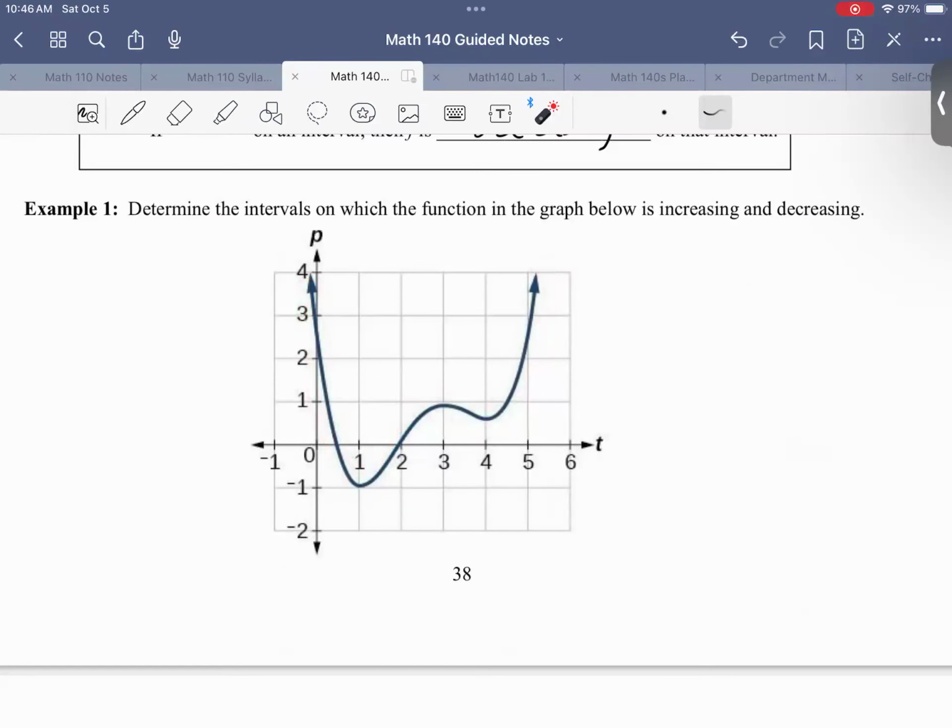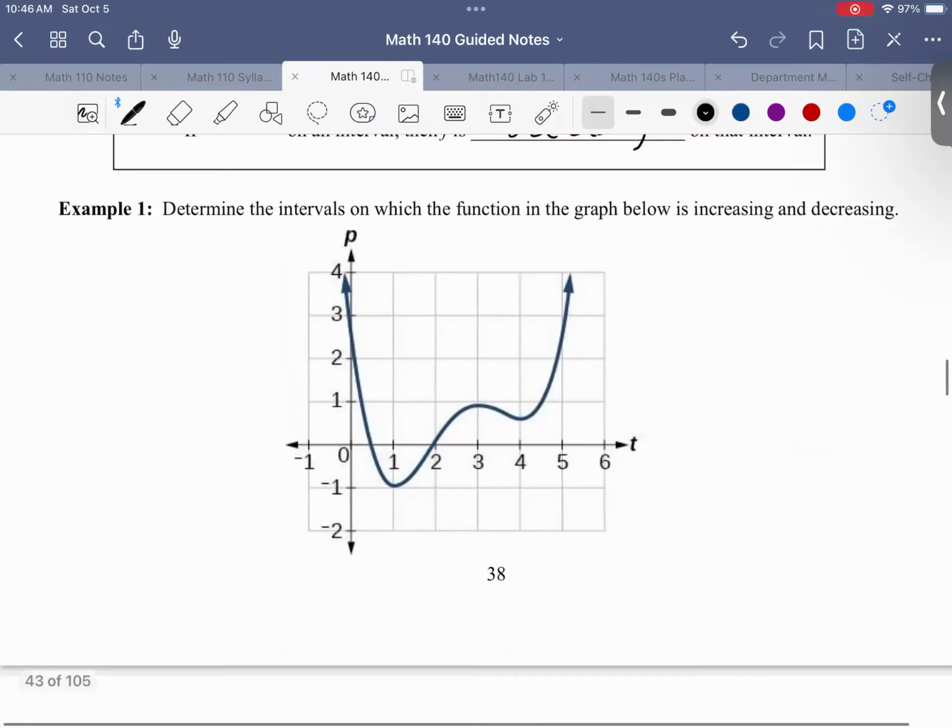So the first thing to do is find the mins and maxes of this graph. And what does this mean?